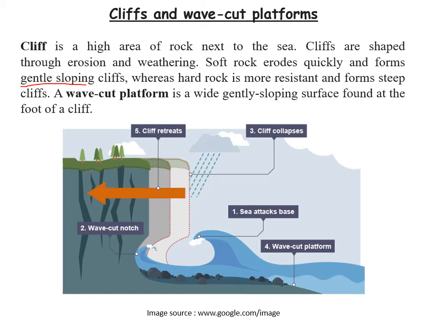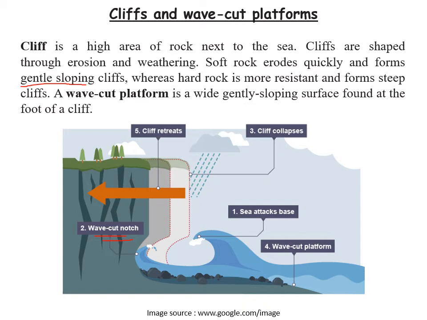You can see in this picture that wave activity is more pronounced in the bottommost portion, where the regular waves and tidal waters hit the bottom of the sloping surface, and due to the periodical or repeated activity of waves or tidal waters in this bottommost portion, erosion mainly occurs here, and they form a wave cut notch, that is an indentation, a groove within the highly sloping, highly inclined rock surface in the coastal areas.